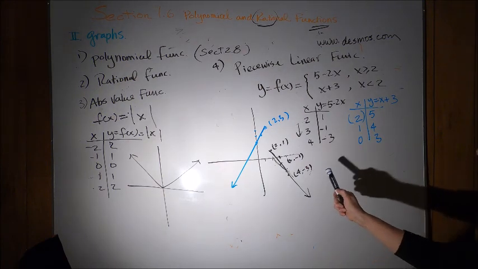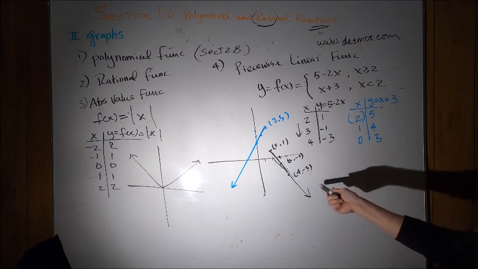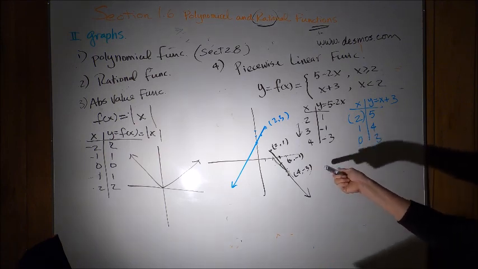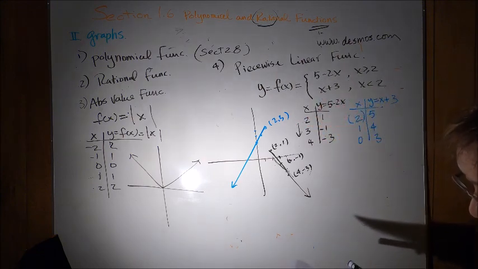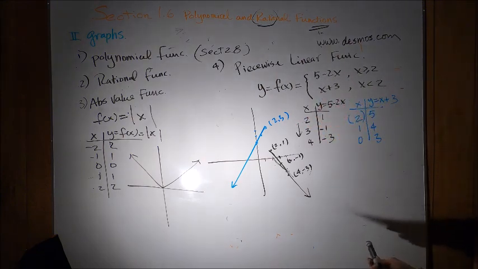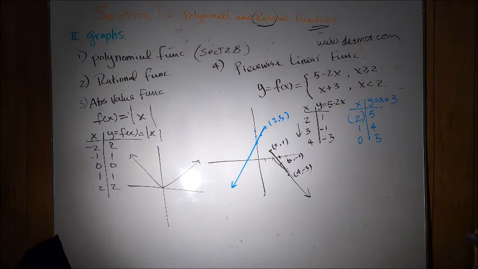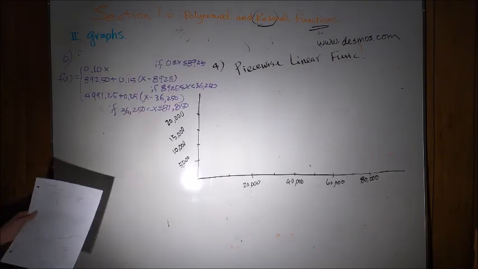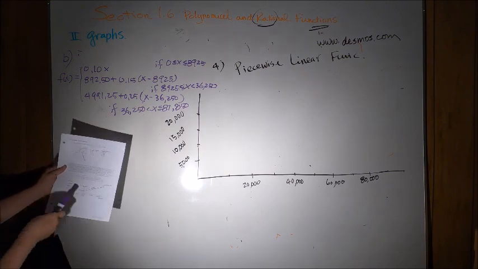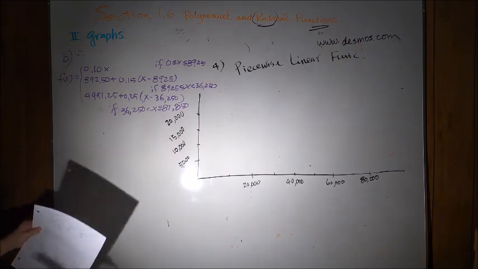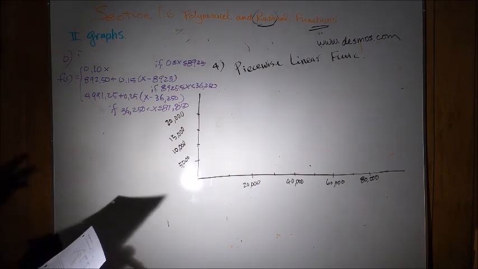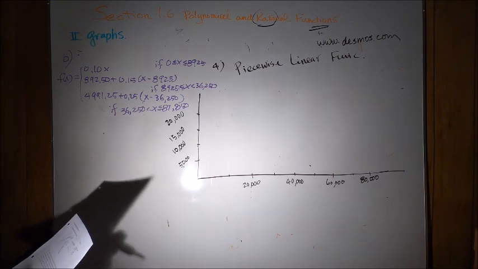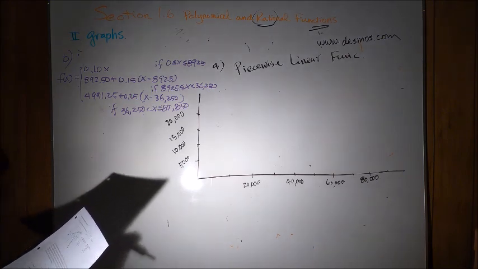And we will see how we are going to apply the business with the piecewise linear function. How do we use it? What do they mean? Let's look at page 11b. How we are going to use piecewise linear function to show an idea. Okay, let's take a look.